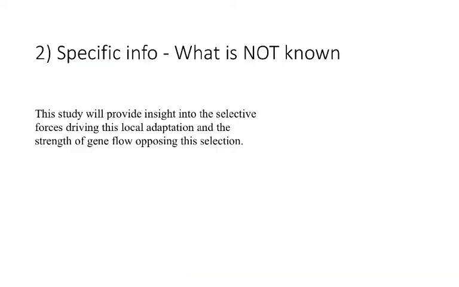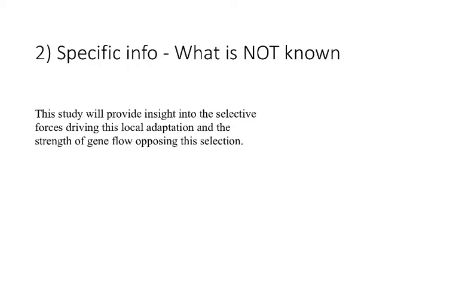So here's an example, again, from my poster. Quote, this study will provide insight into the selective forces driving this local adaptation and the strength of gene flow opposing this selection. So this is the example from my template poster, like I said. I actually would be even more explicit than that.